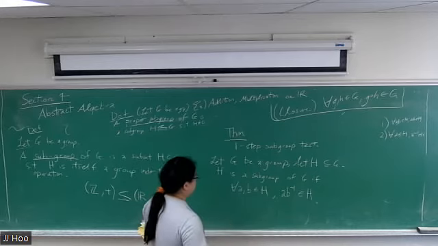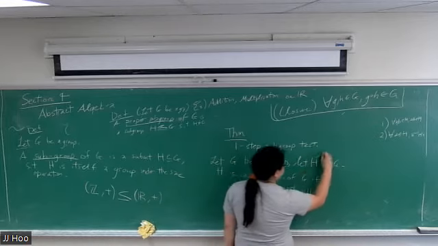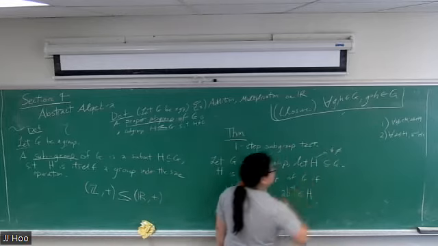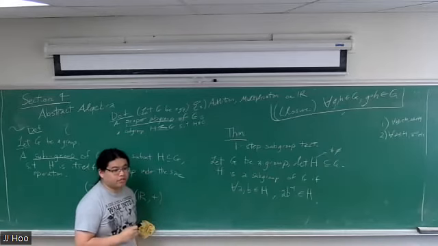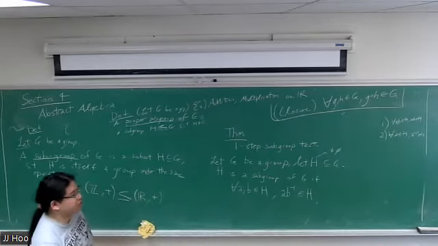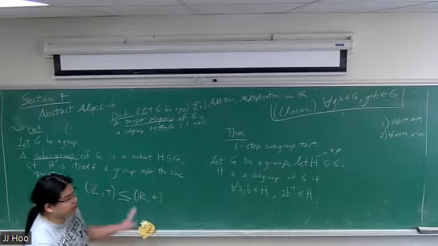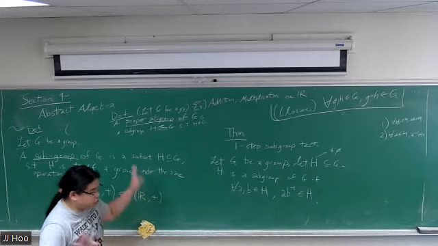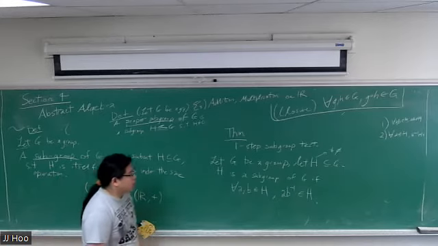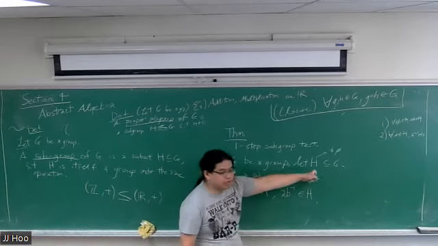I guess technically you say that H is non-empty, right? The empty set is always a subgroup trivially. Well, actually, it's not a group because it doesn't have an identity, right? So just don't worry about the empty set in general. H has to be non-empty for it to even be a group.